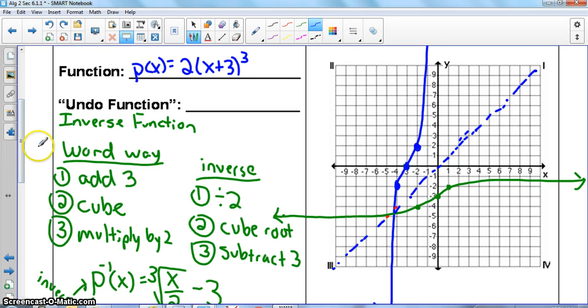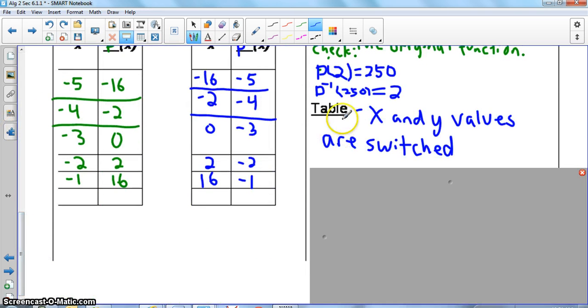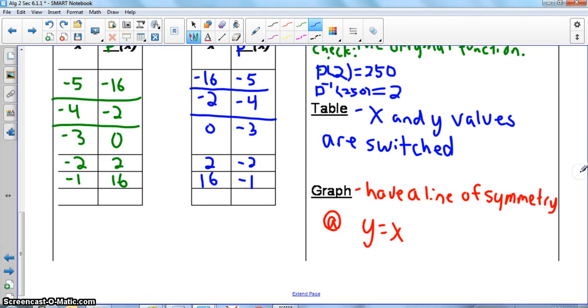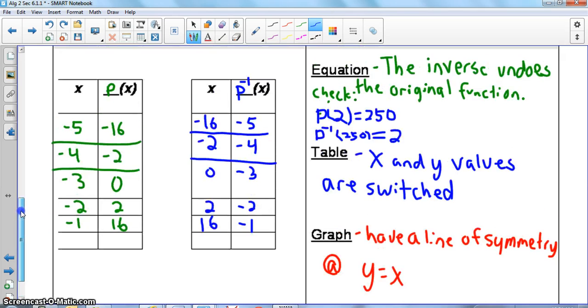So the equation of that line of symmetry, LOS, is y equals x. And again, the graph will have a line of symmetry at y equals x. These will always be true for all inverses.